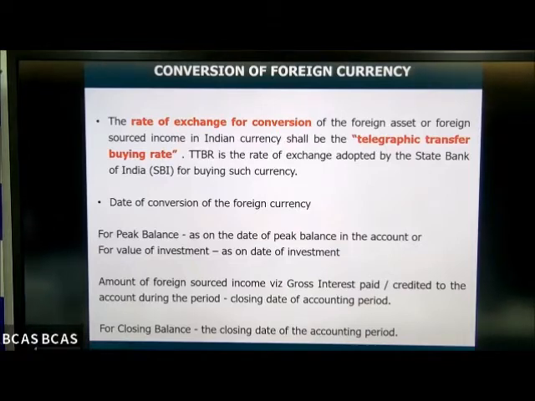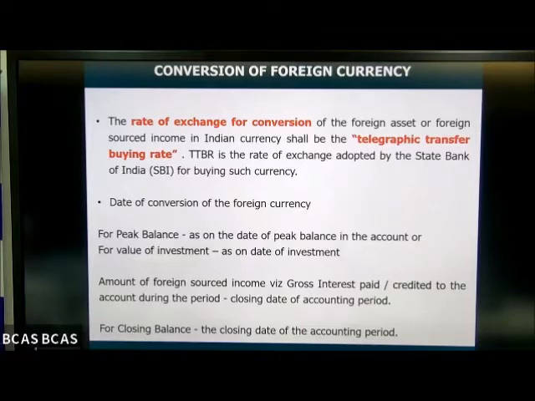The rate of exchange for conversion of the foreign asset or foreign sourced income in Indian currency has to be the TT buying rate, and TT buying rate is the rate of exchange adopted by State Bank of India for buying the concerned currency. The date of the conversion of the foreign currency would depend on various factors. For peak balance, it would be as on the date of the peak balance.